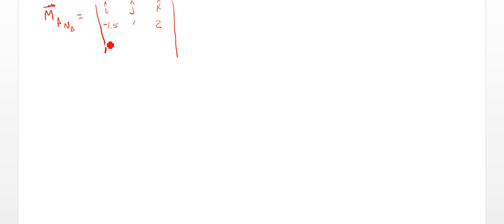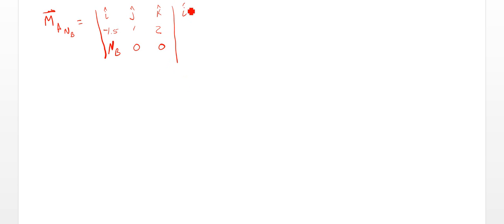And our force, we don't know what it is, but we know it's only acting in the positive x direction, so I'm going to call that NB at I, 0 in the J, 0 in the K. Add my last column over again here. So that equals 0I, right?